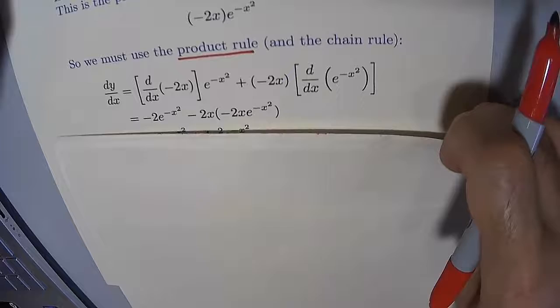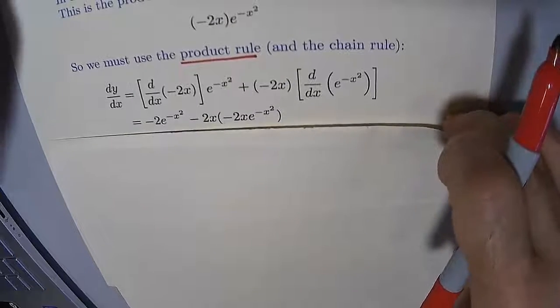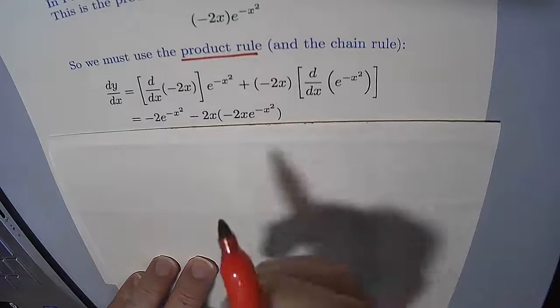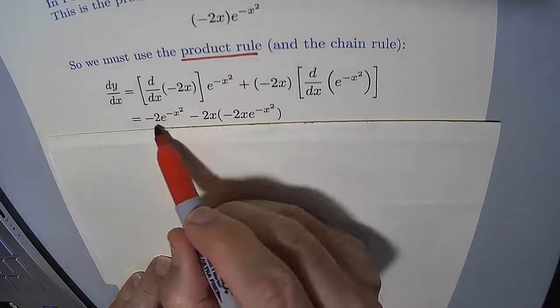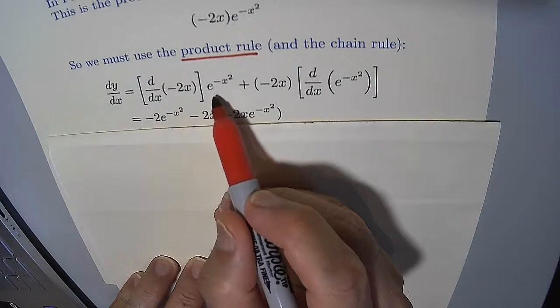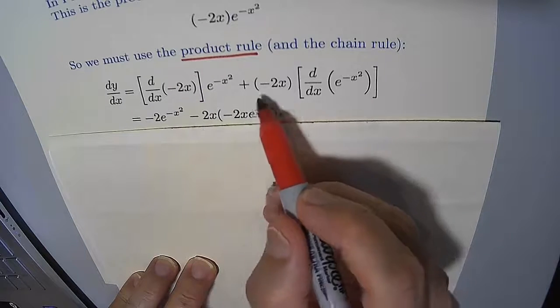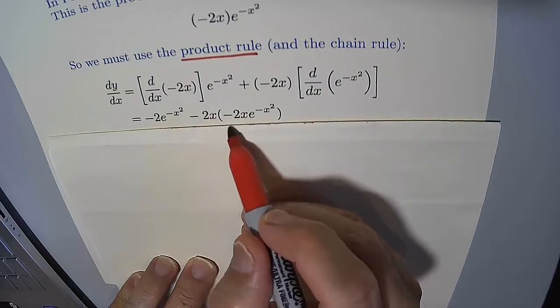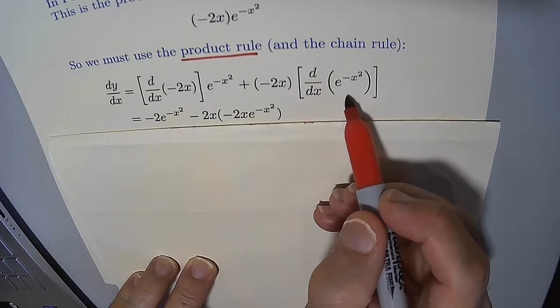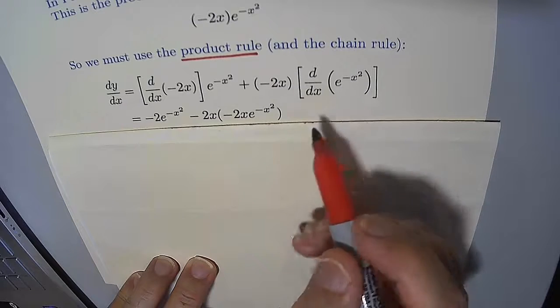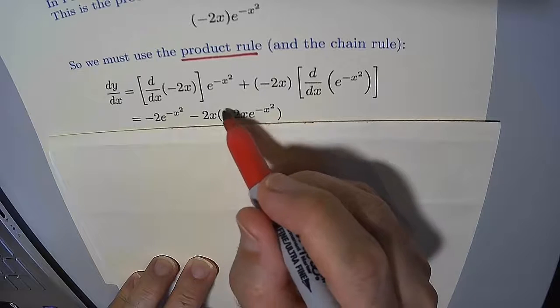Then let's go in and fill in the derivative. Derivative of minus 2x is minus 2 times that. Then plus minus 2x times the derivative of the second function. We already know what the derivative of that was from problem 5, which is just this expression here.